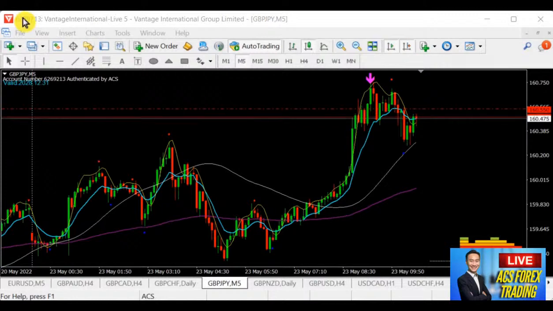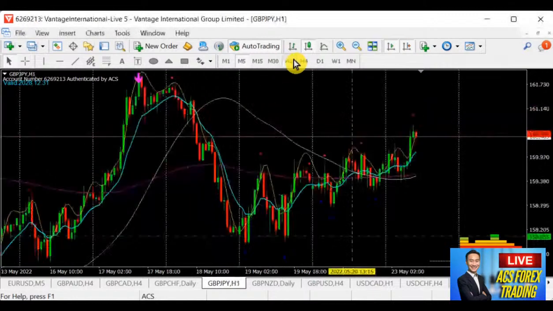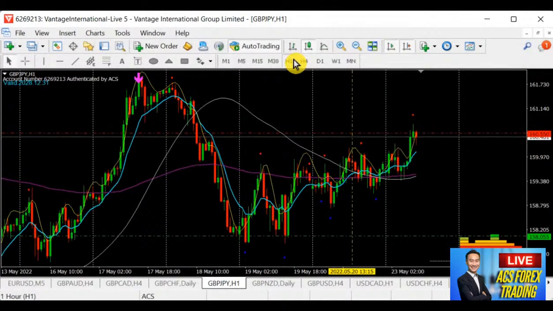Tentatively, pound yen in H1, okay. We are having a retracement right now.